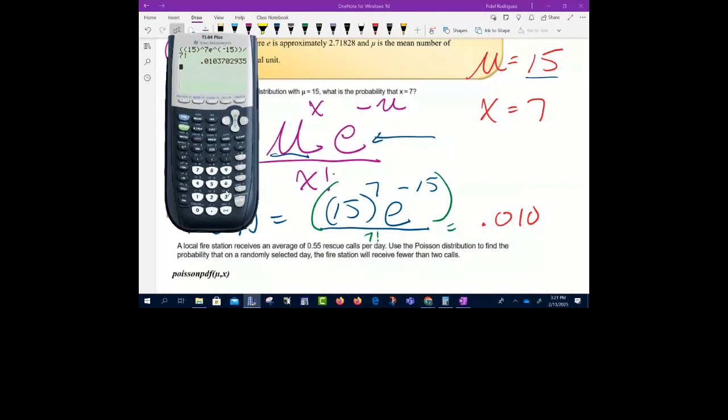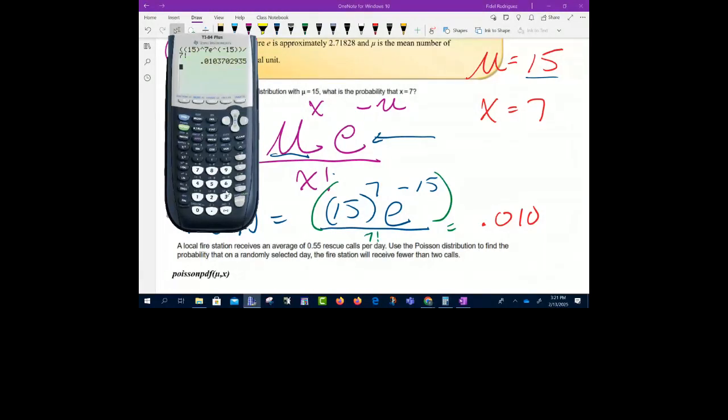Okay, so let's try this. So let's go parentheses 15. Close it off, raise to the 7th. Now we're going to go second LN. So see how yours didn't put up parentheses? Mine did. Let's go negative 15. Raise to the 7th.